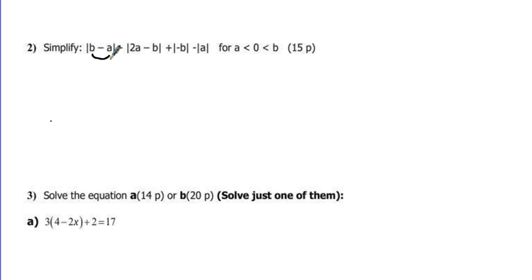So here we have b minus a, here we have 2a minus b, here we have minus b, and here we have a. We have to understand if they are negative or positive, because depending on those expressions being negative or positive, we will take them out of absolute value.